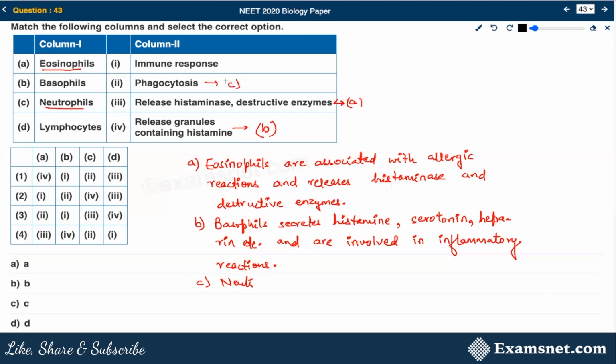So neutrophils are phagocytic in nature.